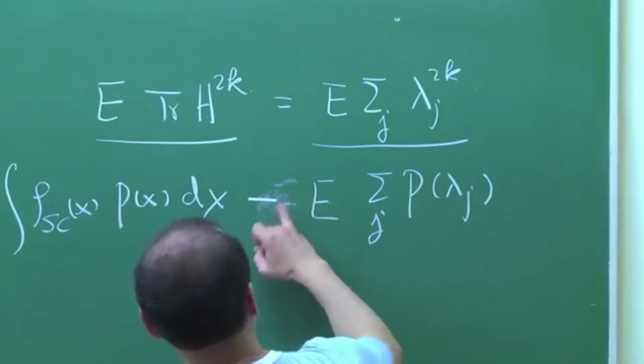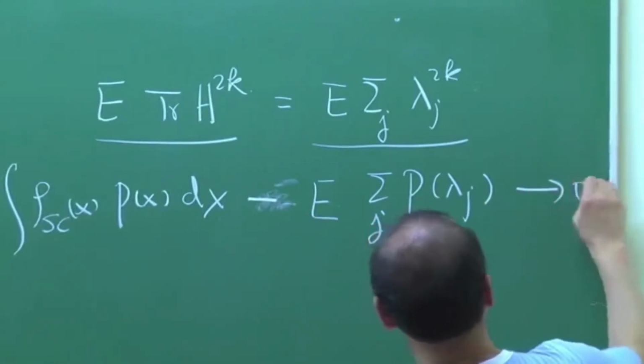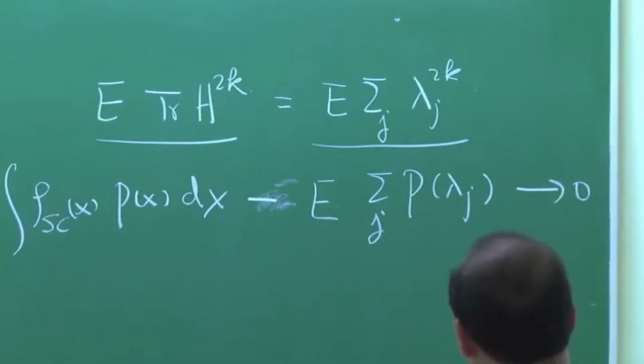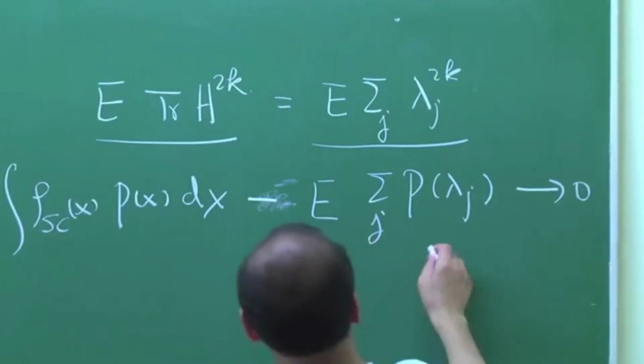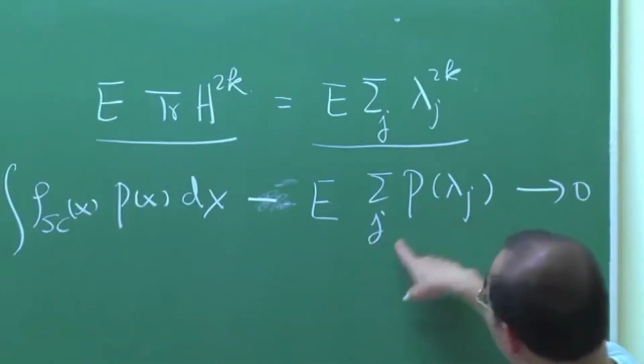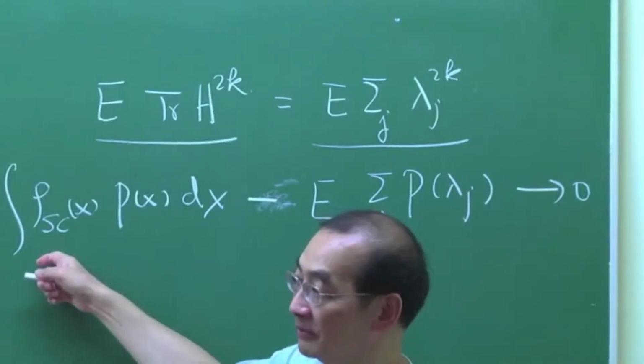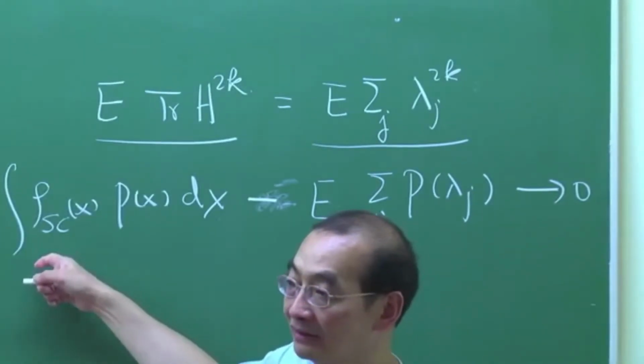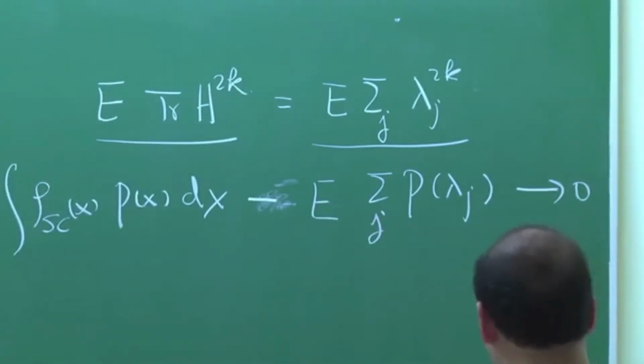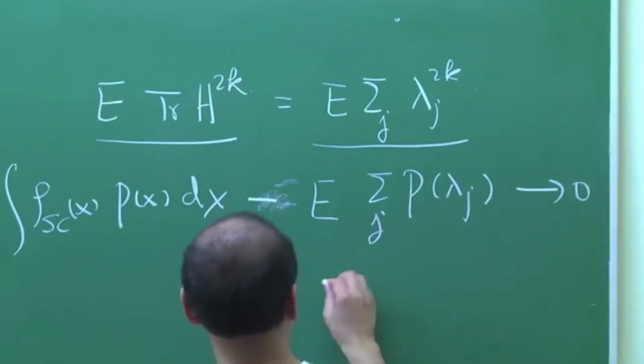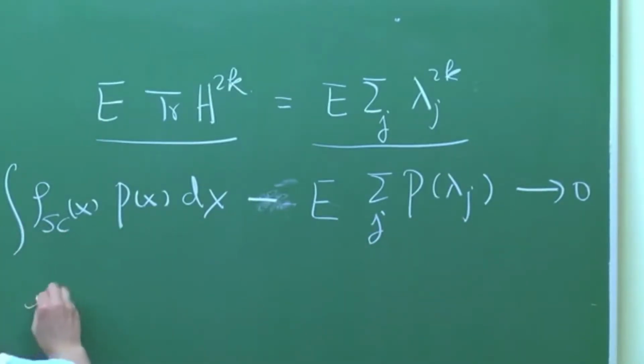So this minus this goes to 0. This implies that the probability distribution of lambda j is given by the semicircle law. Okay, if you want to make this more precise, you can define the empirical measure.